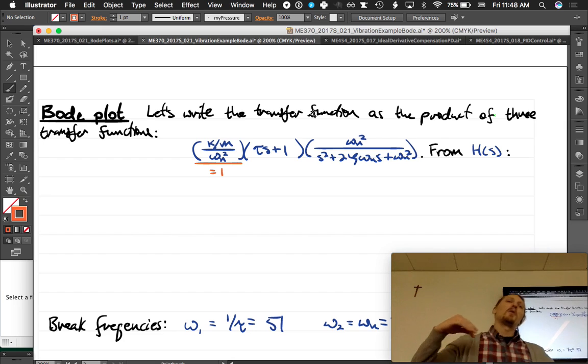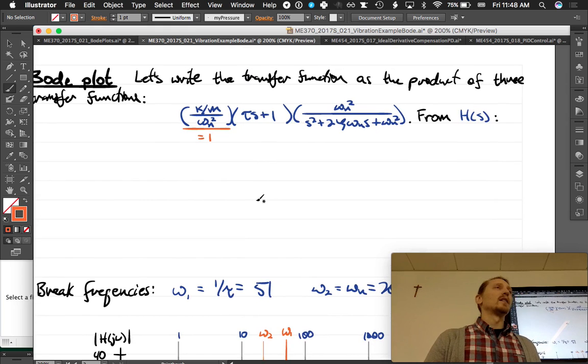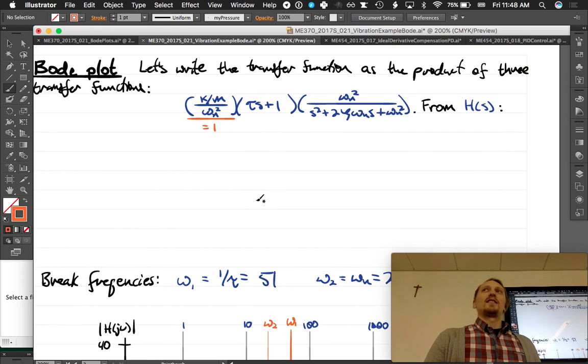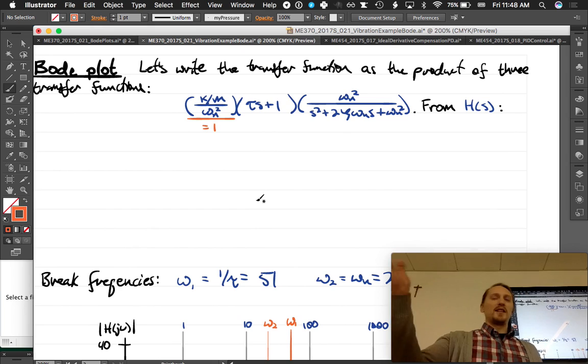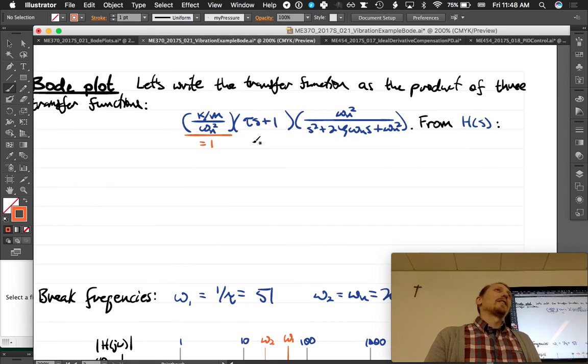You notice that it has no effect on the rest of this. Just multiply by 1. You can just take this term away. So how many dB is 1? 0. 0 dB, but it was a good guess. So what happens when you add 0 to everything? Nothing happens. So we don't have to even sketch that part. Whew. That helped. I mean, it wasn't that hard to sketch, it was constant anyways. And it also adds no phase as well.